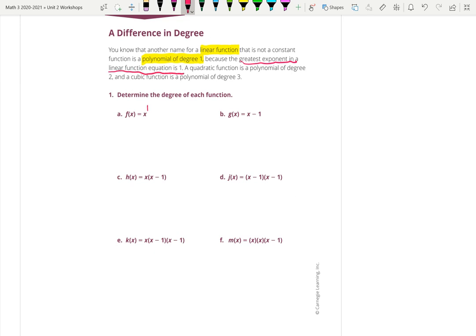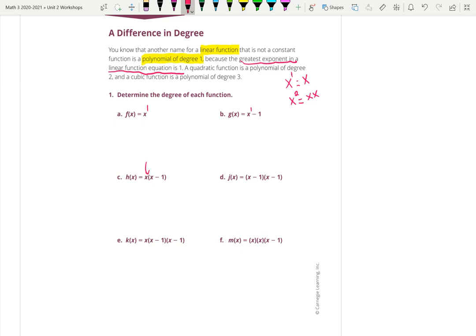Notice in A, there is an invisible 1. Here there's an invisible 1. The reason being is all an exponent indicates is how many to do in repeated multiplication. X to the first would be 1x. X squared would be 2 x's being multiplied. So usually we just omit it.